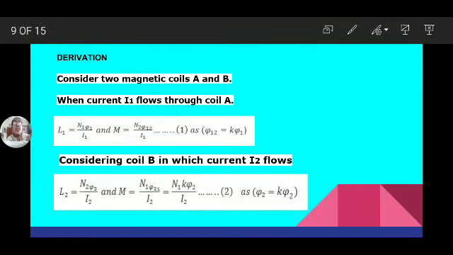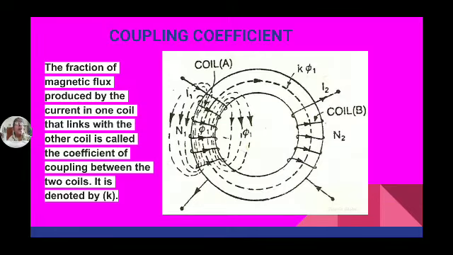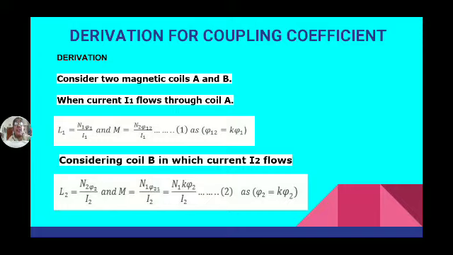Similarly, the self-inductance of coil 2, L2, is equal to N2 phi 2 by I2, and M is equal to N1 phi 21 by I2. Here we are giving supply to coil 2 and not to coil 1.